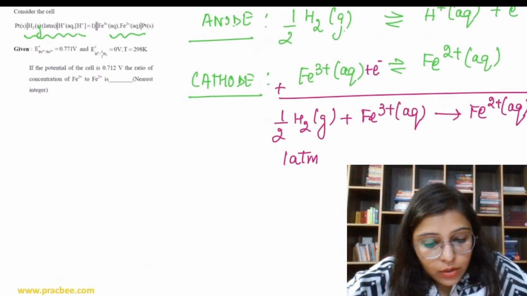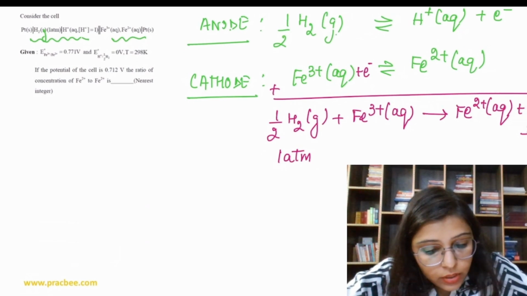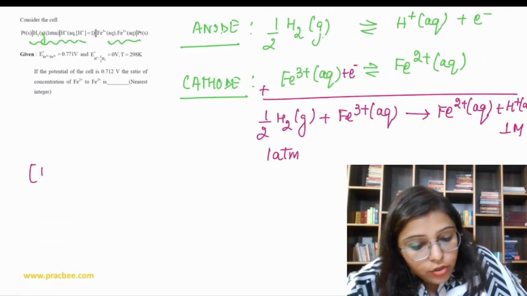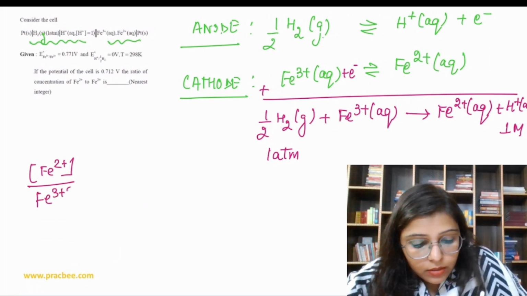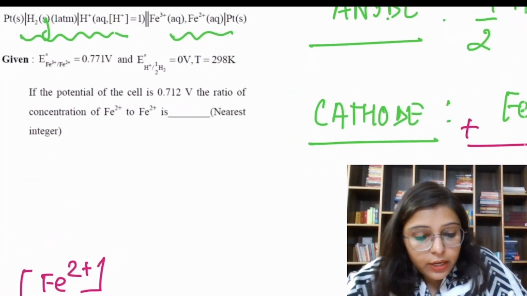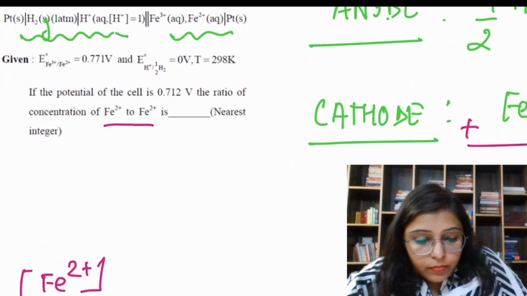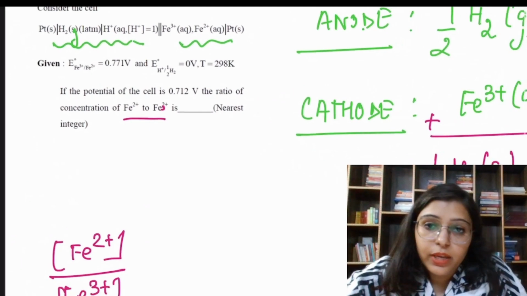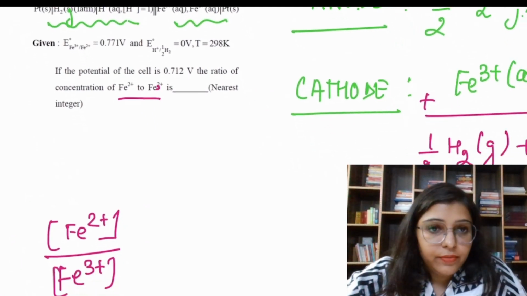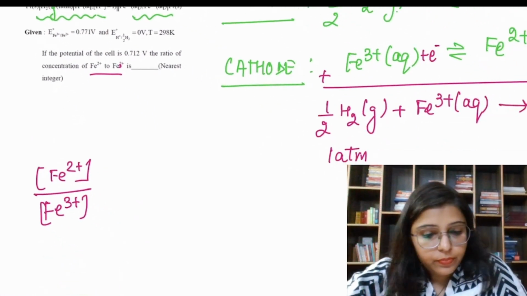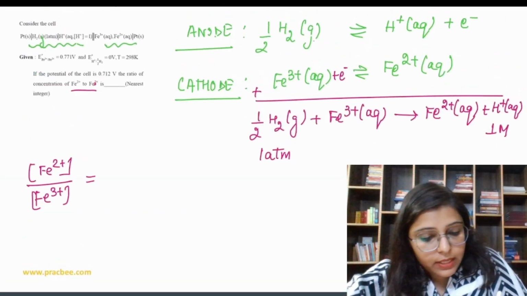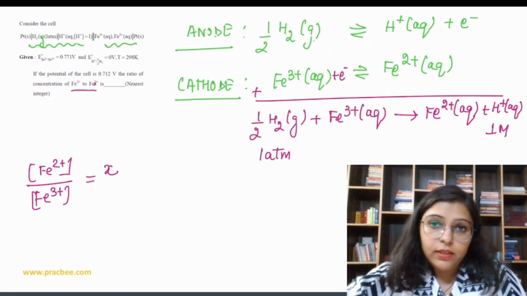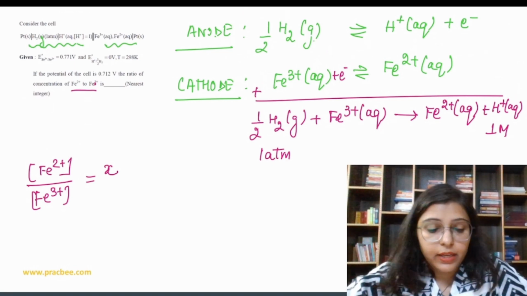And we have to find out the ratio of concentration of Fe2 plus and Fe3 plus. So let's take this ratio of Fe2 plus and Fe3 plus as X. So we have to find out the value of X.